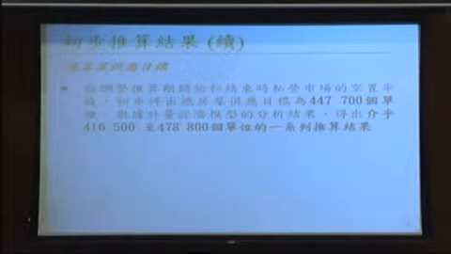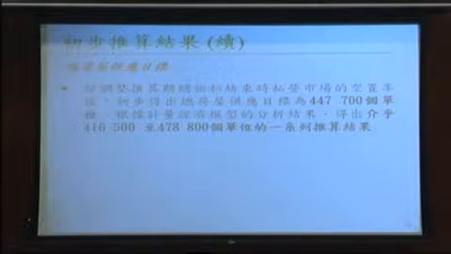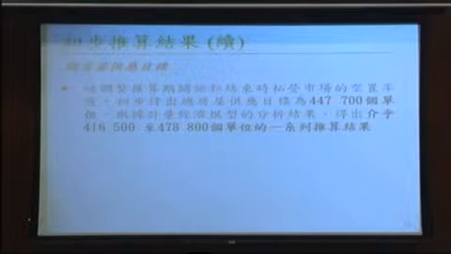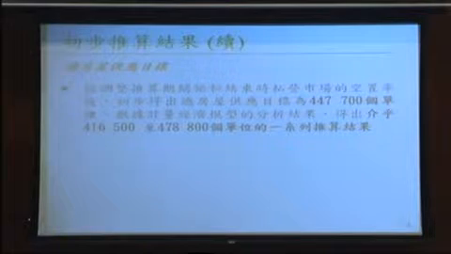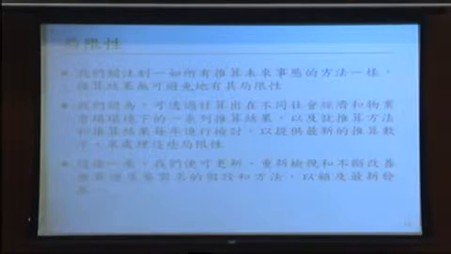After adjusting for private sector vacancies at the beginning and end of the projection period, the preliminary total housing supply target would be 447,700 units, with a range of projections from 416,500 to 478,800 units based on results of our econometric analysis. So there would be different projections based on the different economic situation.